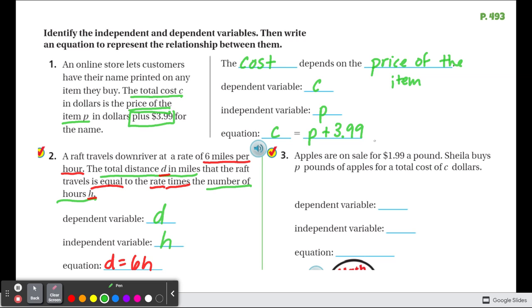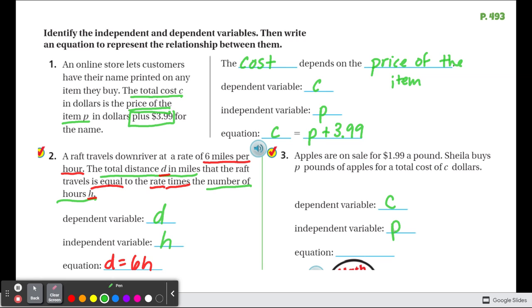Let's think which depends upon the other. Well, I'm going to think my total cost, how much money I spend, depends on how many apples I buy. So my cost, C, depends upon my apples, which is P. So our dependent is C and our independent is P.